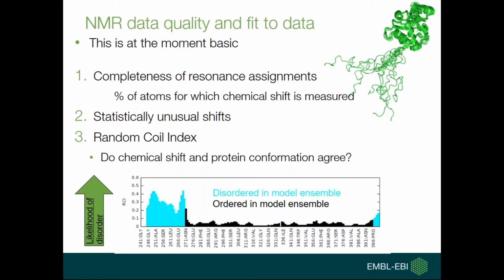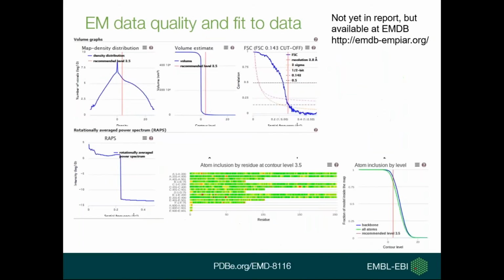Residues which are disordered in the model ensemble, so they're mobile, are colored cyan, and residues which are well ordered are colored black. And the x-axis here is the sequence of the protein. The y-axis is the random coil index, which tells you the likelihood of disorder given the chemical shift of the particular residue. So the take-home message is that cyan bars should be tall and black bars should be short. If it's the other way round, that might indicate that there's a problem with the model and the fit to the data for an NMR entry.